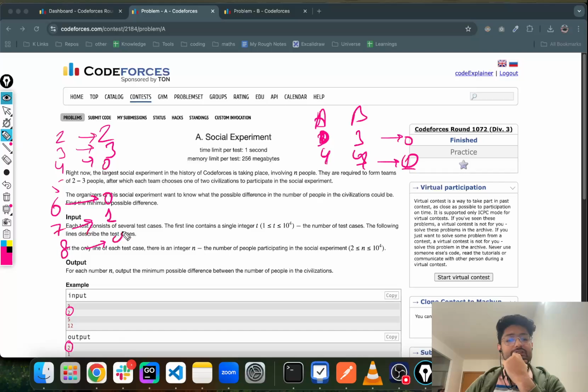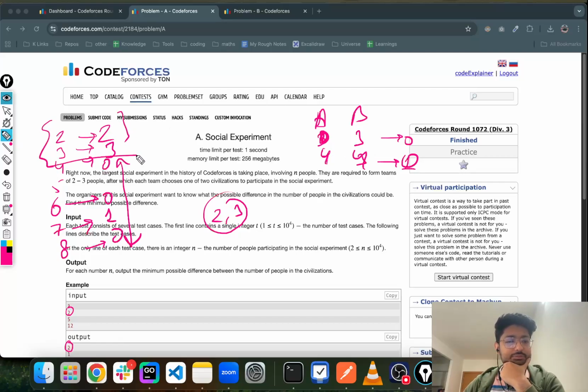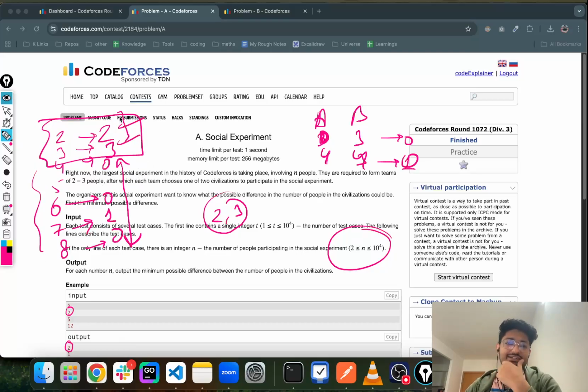So now it is just fluctuating, because with 2 and 3, I can always get a difference of 1 or 0. But for the first two, the answer for 2 is 2, because 1 cannot be divided into any group. So n should be greater than or equal to 2. For 2 the answer is 2, for 3 the answer is 3, and for all the other values, it's just fluctuating. That's it. That's the overall problem that you have to find.